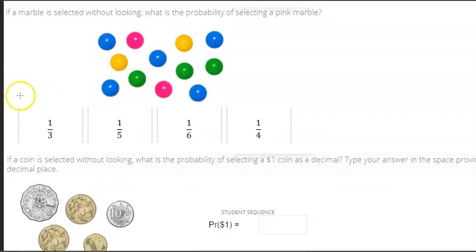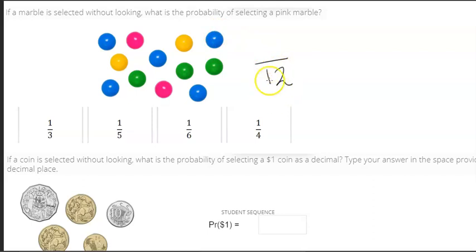The first question here is, if a marble was selected without looking, what is the probability of selecting a pink marble? We know that the answers are given to us in fraction form, so we have to put this answer in fraction form. The first thing we want to do is count how many marbles there are. 1, 2, 3, 4, 5, 6, 7, 8, 9, 10, 11, 12.